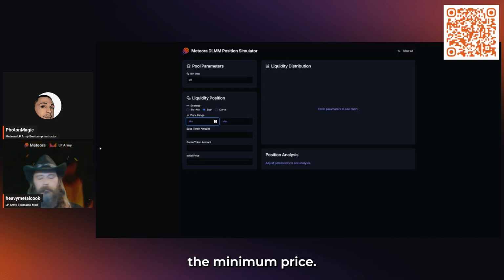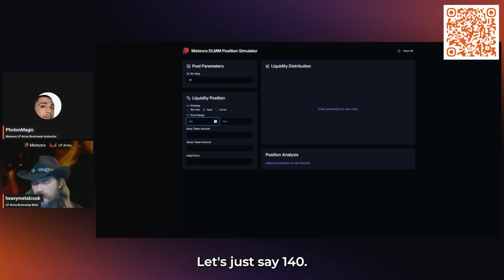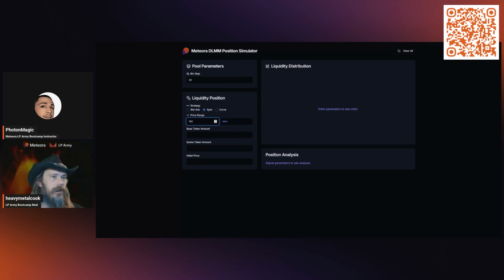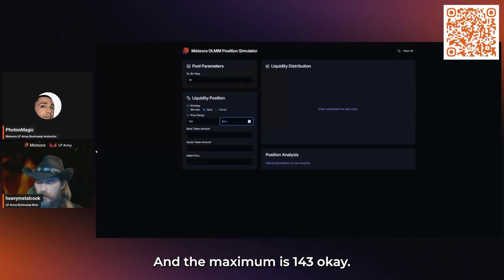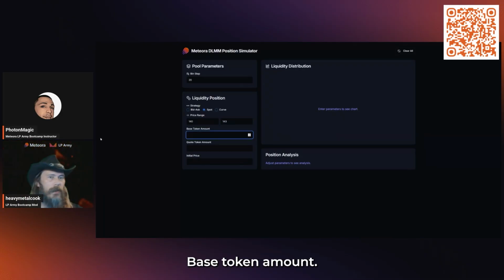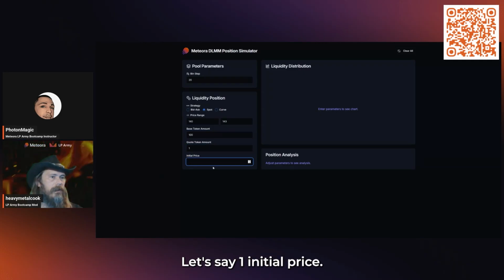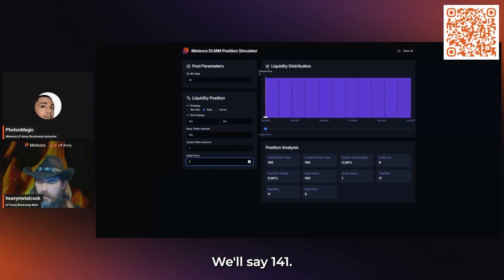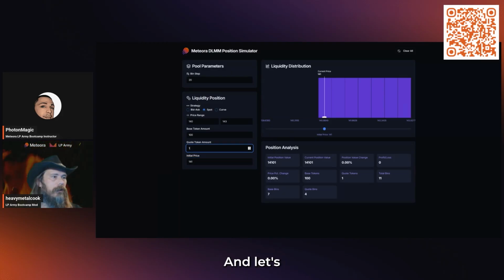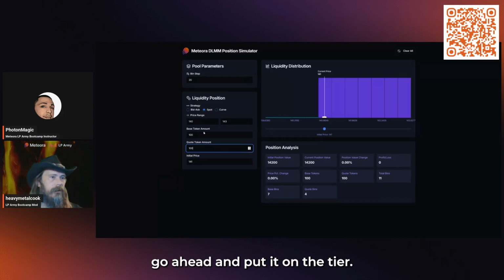The minimum price, let's just say 140. And the maximum is 143. Okay, base token amount, we'll say 100. The quote token amount, we'll say 1. Initial price, we'll say 141. And let's go ahead and put 100 here, see if that helps.